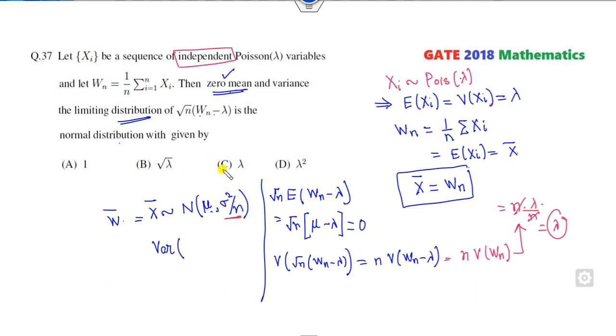Otherwise, you can directly write the variance of this: n is outside, and the variance of this is lambda over n, so n cancels out, and again lambda is the right answer of this problem.